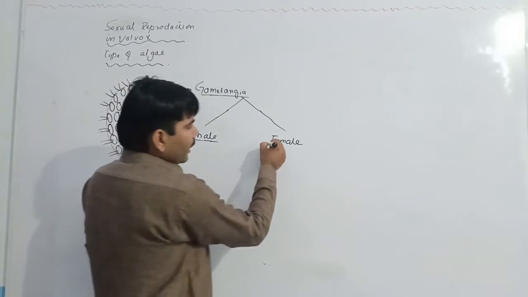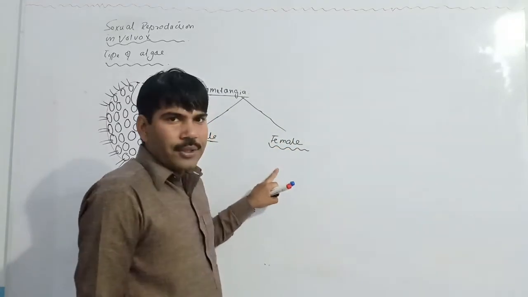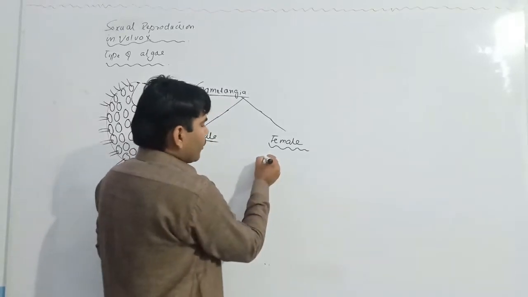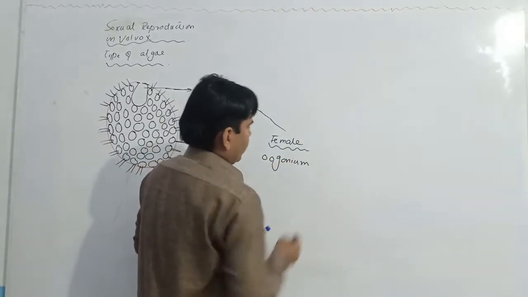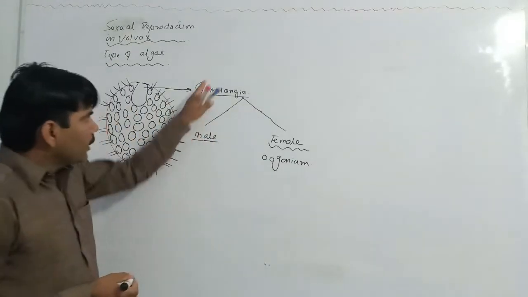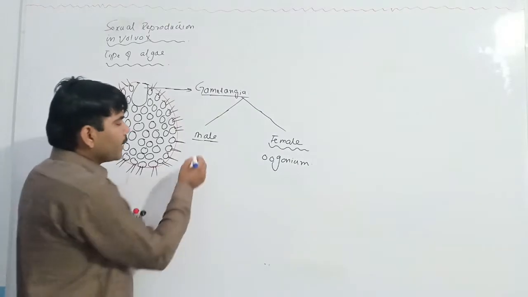If it is a female Gametangia, then the name will be Oogonium. And if this Gametangia is a male, then this is known as Antheridium.